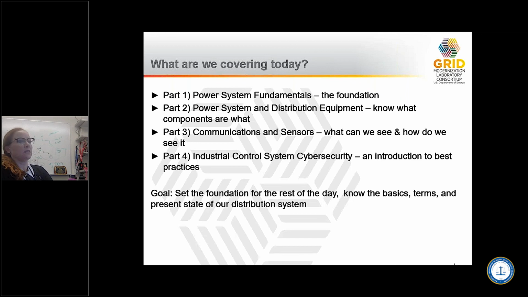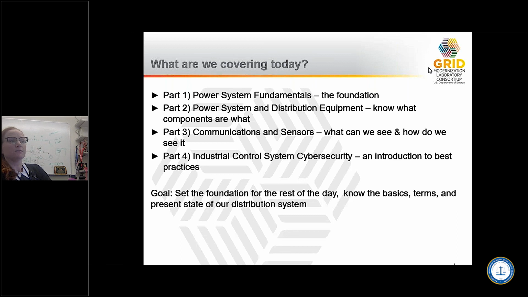And lastly, this is a slightly new module that we've added, which looks at industrial control system cybersecurity, a very brief introduction to what we actually look at and how it relates to the communications and sensing system and to the distribution system. So our goal is basically setting the foundation for the rest of the day for everyone, knowing the basics and the terms and the present state of our distribution system.